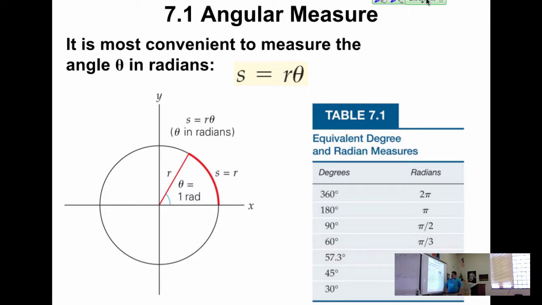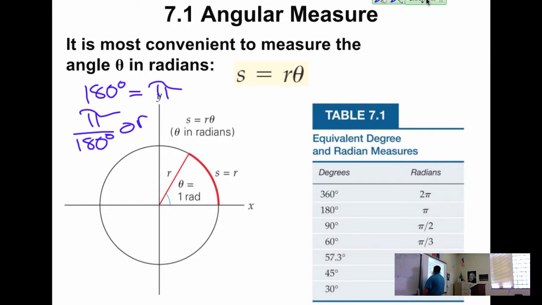If I said pi over 4, that's a radian measure. And the relationship is 45 degrees equals pi over 4. So I know that 180 degrees is equal to pi radians. Now that can be written as pi over 180, or we can think of that relationship as 180 degrees over pi.